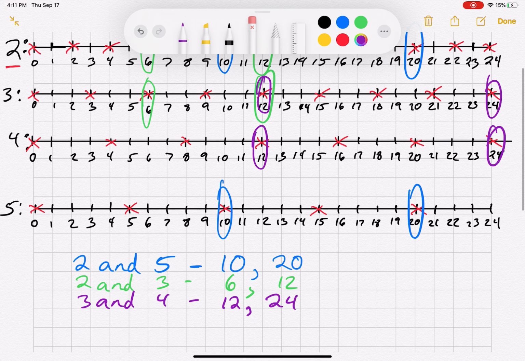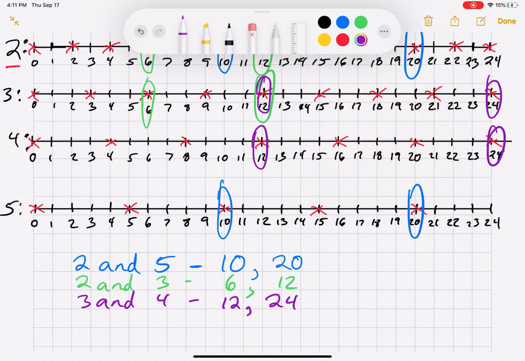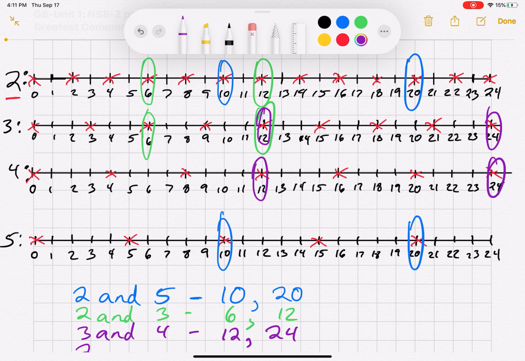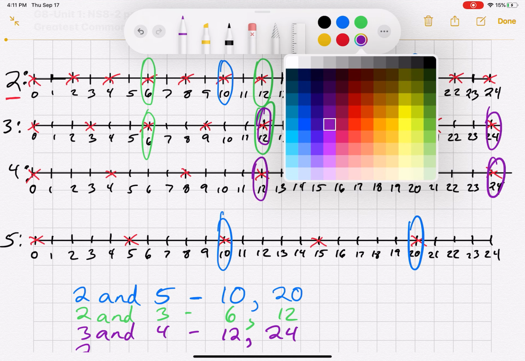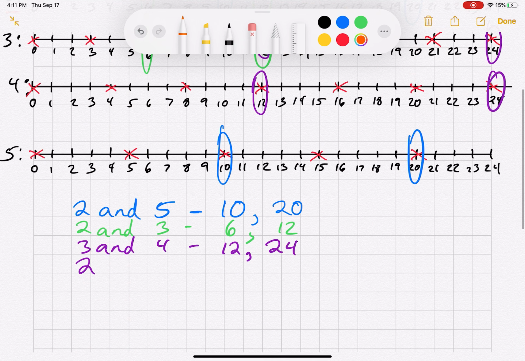Now I'm going to have a look at 2 and 4.